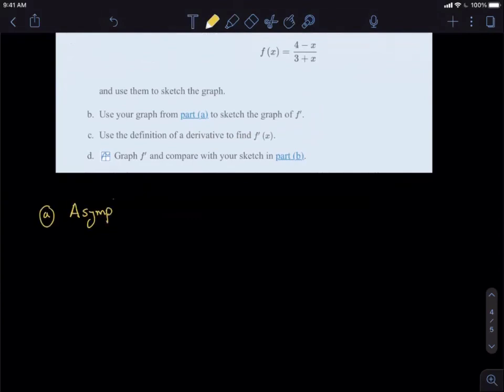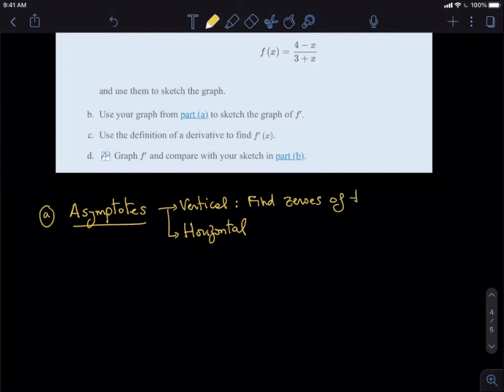There are two types of asymptotes that we need to worry about in this problem: the vertical asymptotes and the horizontal asymptotes. There is a third type, the slanted asymptotes, but we don't need to worry about that in this problem. To find vertical asymptotes, we just need to find zeros of the denominator.